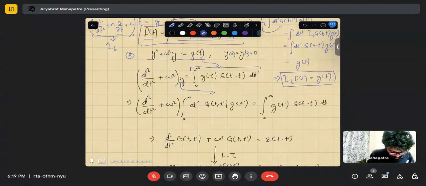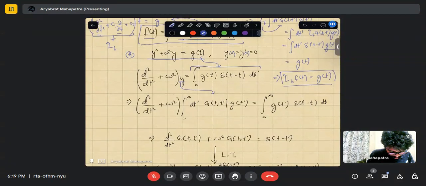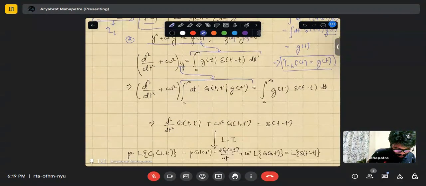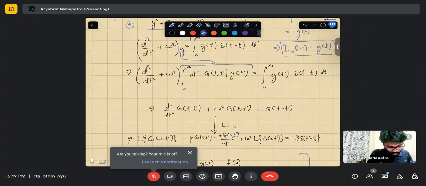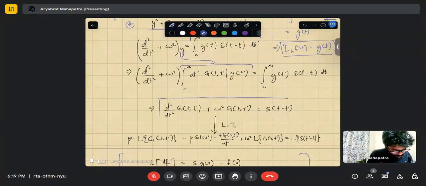In doing this, you will compare both sides of this equation. You will find this is your main equation to determine what g is, what your green function is.